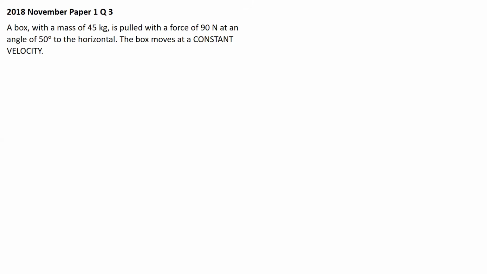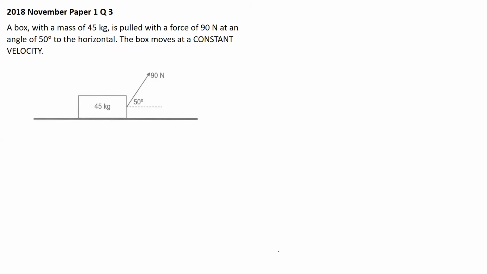It says 2018, November, paper 1, question 3: A box with a mass of 45 kilograms is pulled with a force of 90 newtons at an angle of 50 degrees to the horizontal. The box moves at constant velocity.